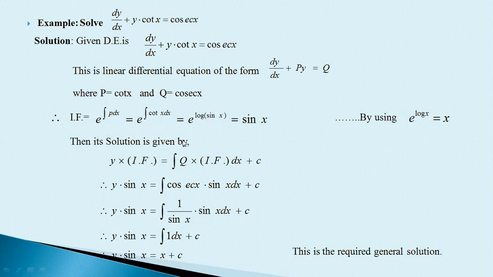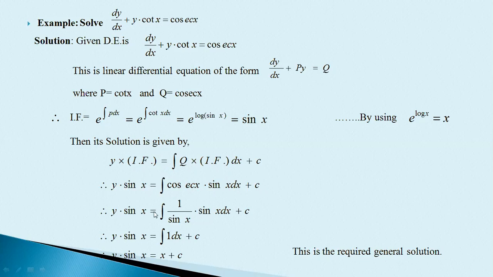Then its solution is given by the formula y into integrating factor is equal to integration of q into integrating factor dx plus c. Now just substitute the value of integrating factor and the value of q. We get here y into sin x is equal to integration of the value of q, that is cosec x, into integrating factor, that is sin x dx plus c.